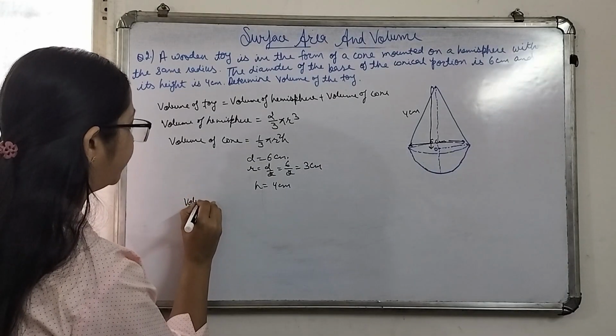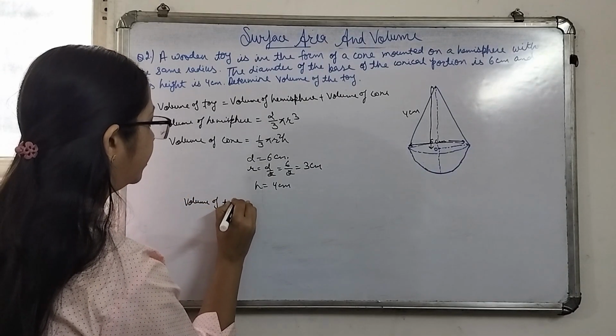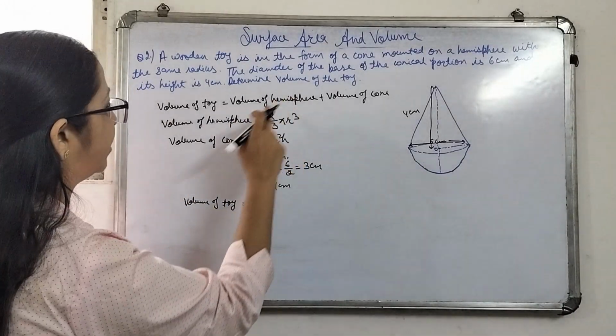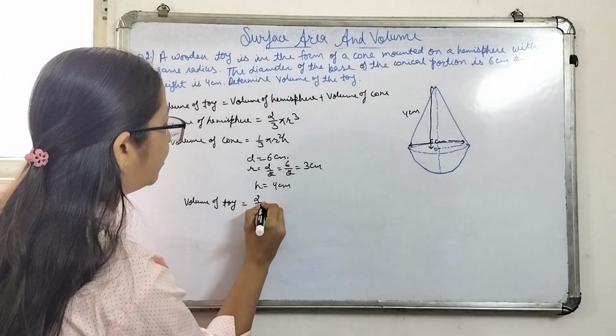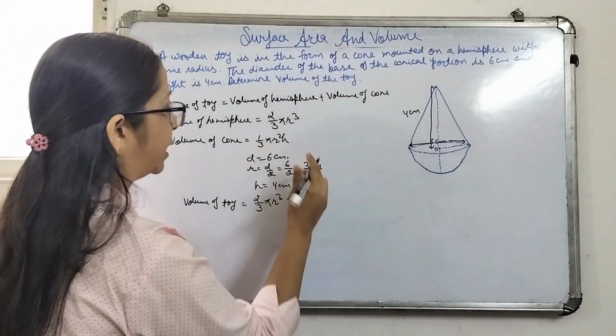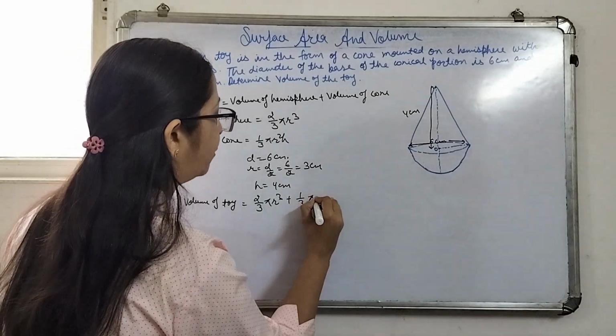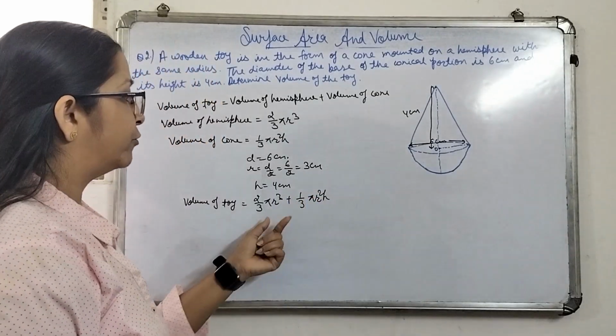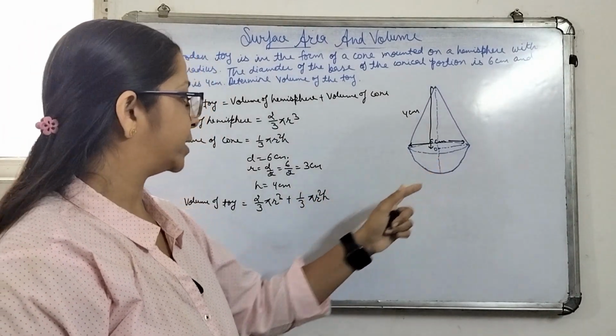So the volume of the toy will be the volume of the hemisphere, that is 2 upon 3 pi r cube, plus the volume of the cone, that is 1 upon 3 pi r square h. We know r is the same in both cases.